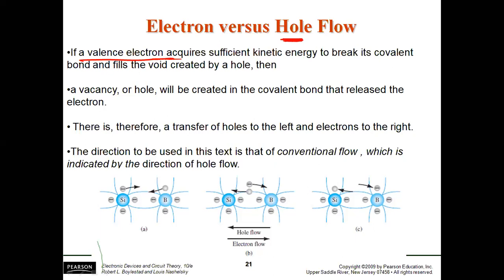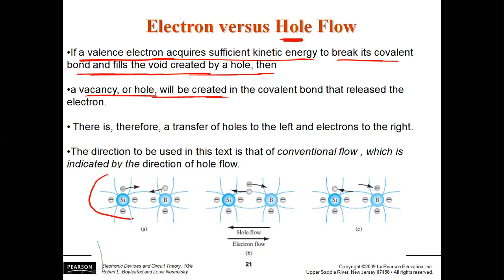Now if a valence electron acquires sufficient kinetic energy to break its covalent bond, then what happens? A vacancy or hole will be created. Let's say this is the case, and suppose the electron at this point is missing.